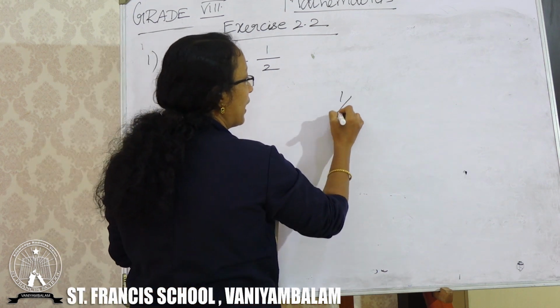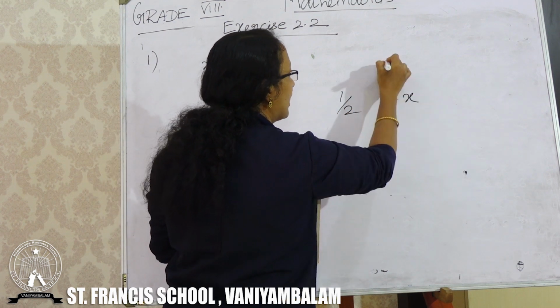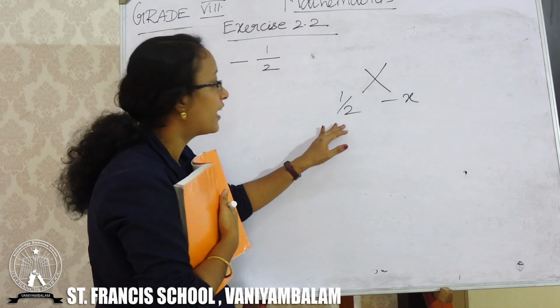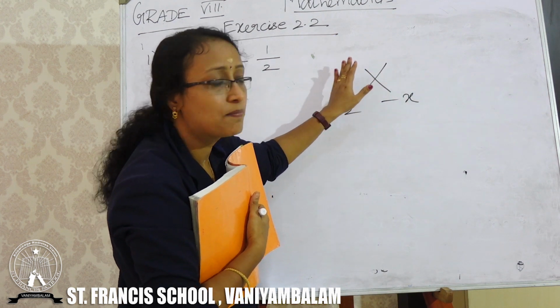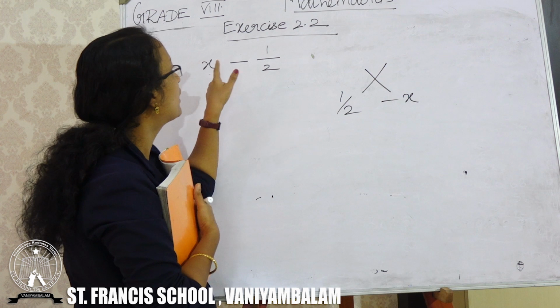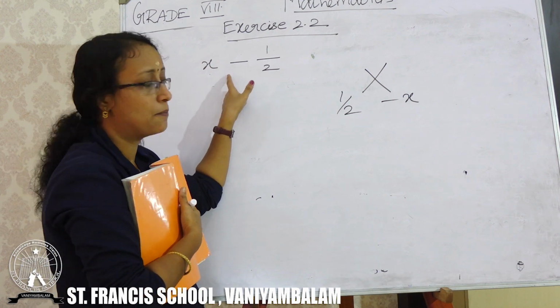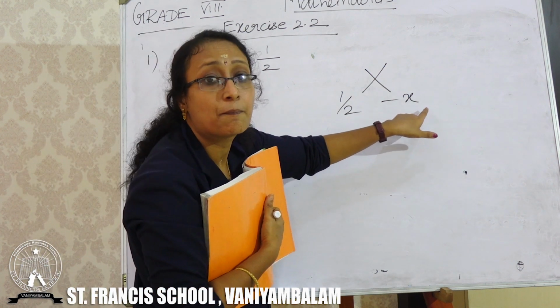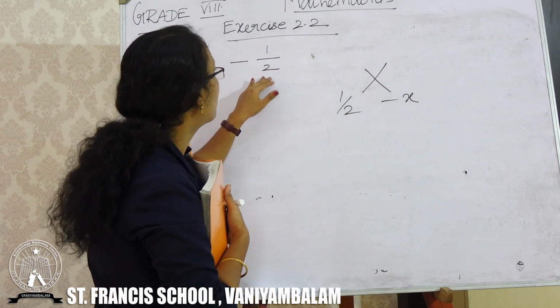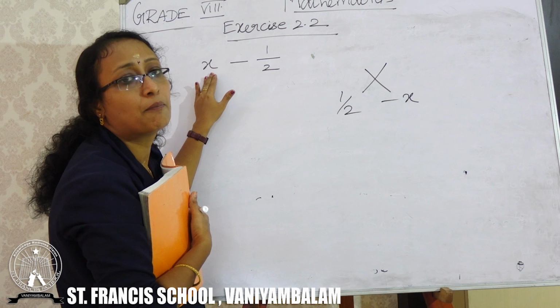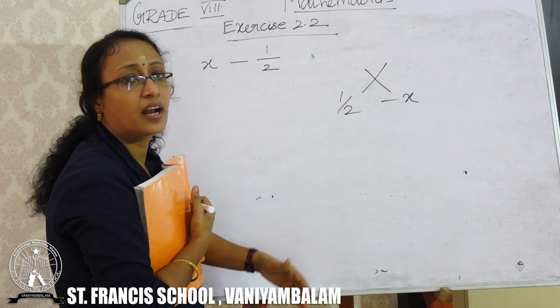Don't write 1 by 2 minus x. It is wrong. Our statement is subtracting 1 by 2 from x, from a number. It is not given subtracting the number from 1 by 2. Got it? You have to subtract 1 by 2 from a number, right?